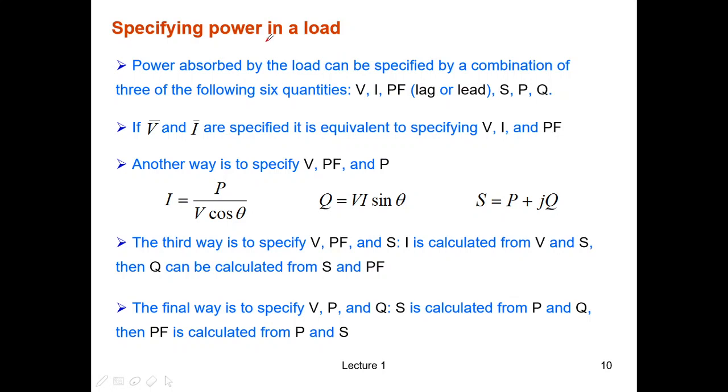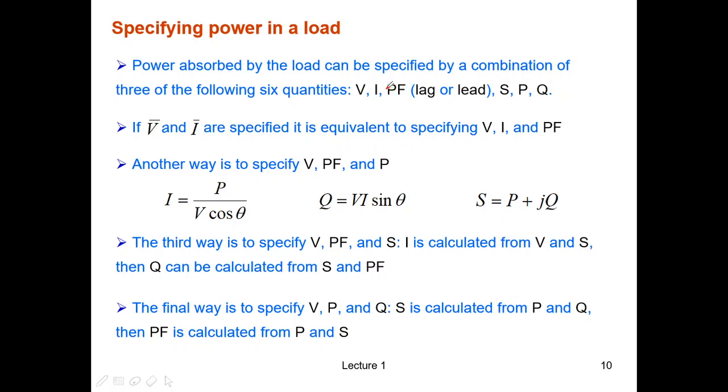This is important. How do we specify power in a load? We need to understand what is given. So far we see that we have 6 quantities related to a load: voltage, current, power factor, apparent power, real power, and reactive power. However, they are related.